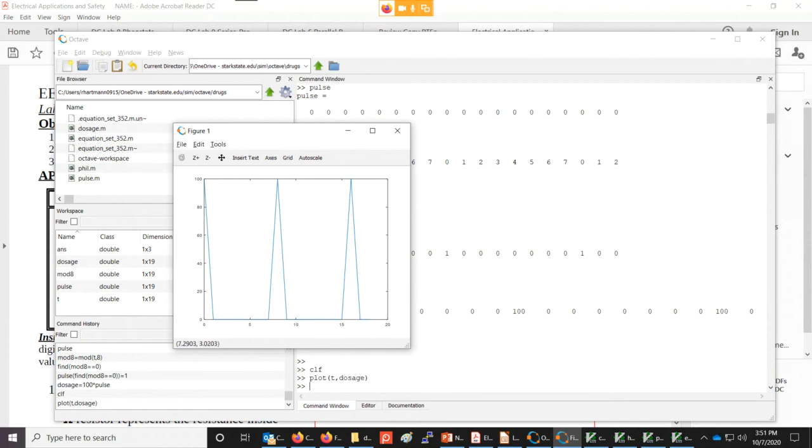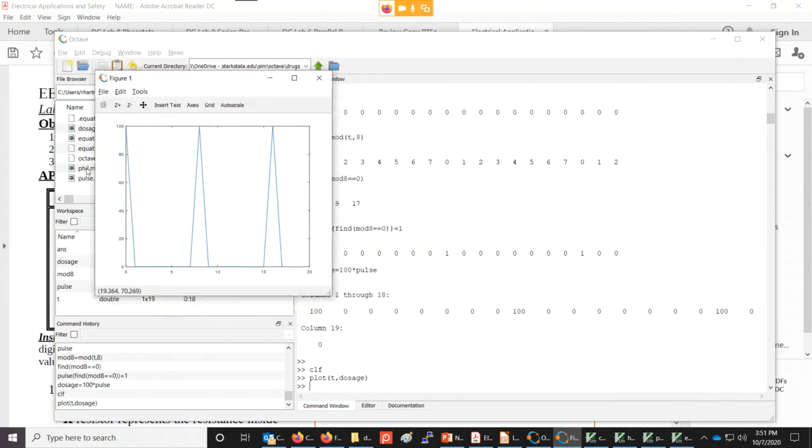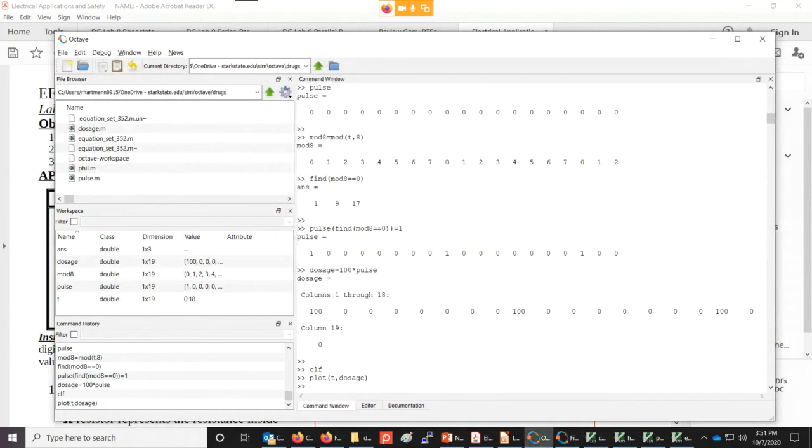And the rest of the time, there's nothing, right? Because I'm not taking the pill at those times. So that's how we can generate a pulse for something like taking drugs every 8 hours or something along those lines. So making use of this modulus function right here.